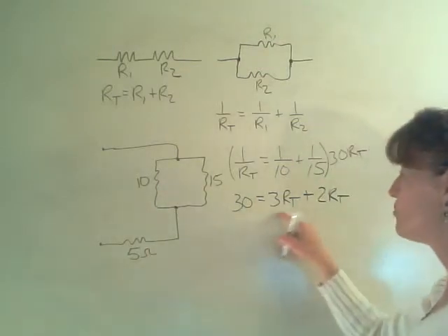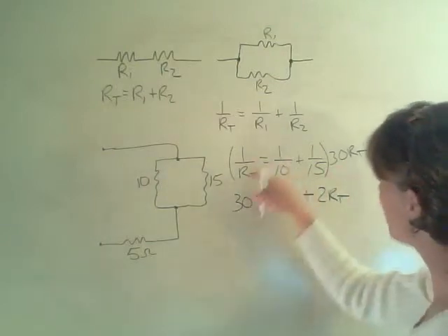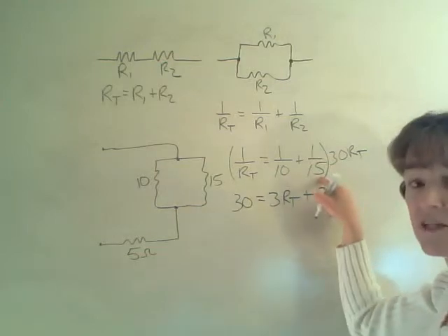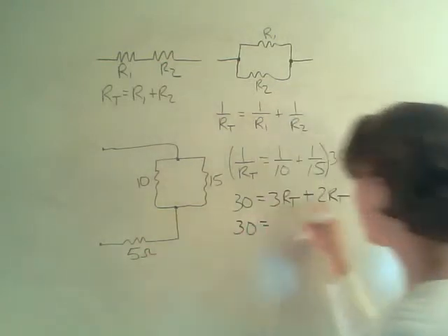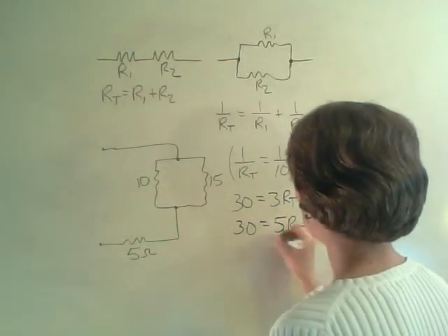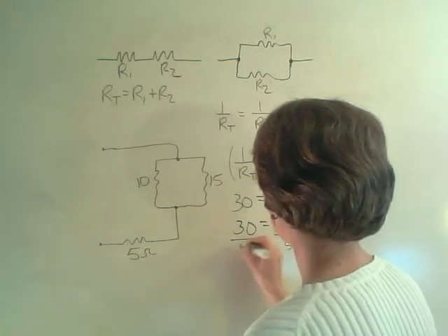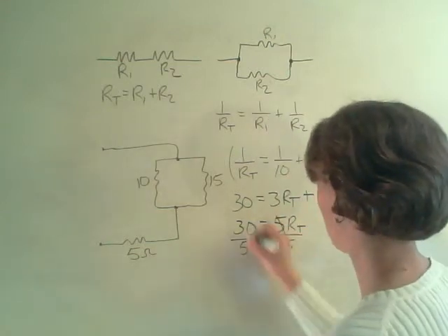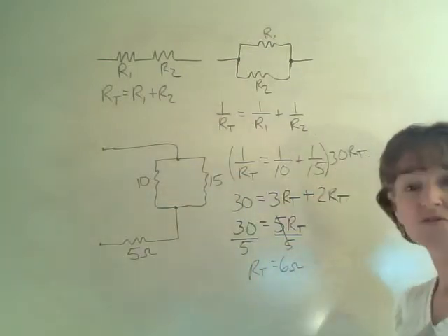So I have 30 equals 3 RT plus 2 RT. You're multiplying this denominator by every term and canceling as you go. All right, so I can combine these, 30 equals 5 RT, so RT equals 6. So RT equals 6 ohms.